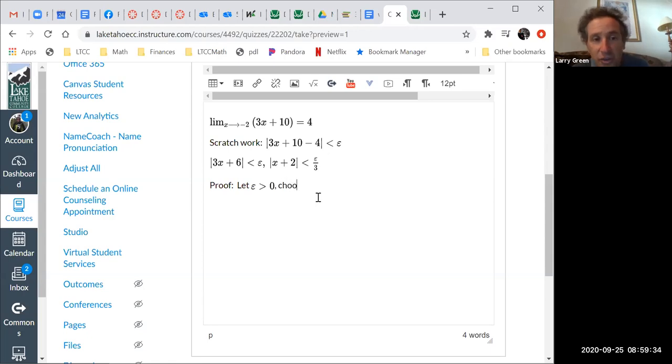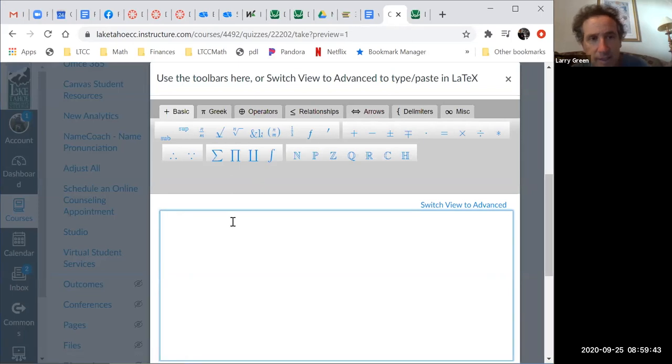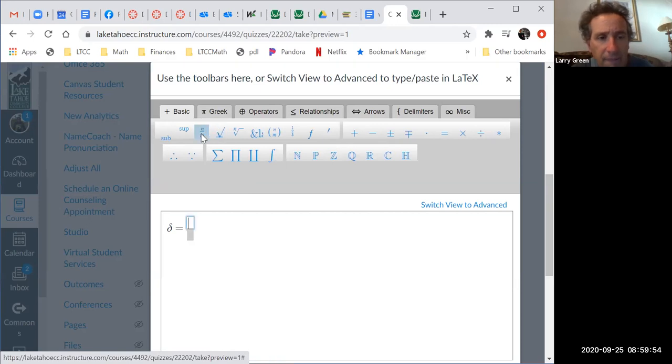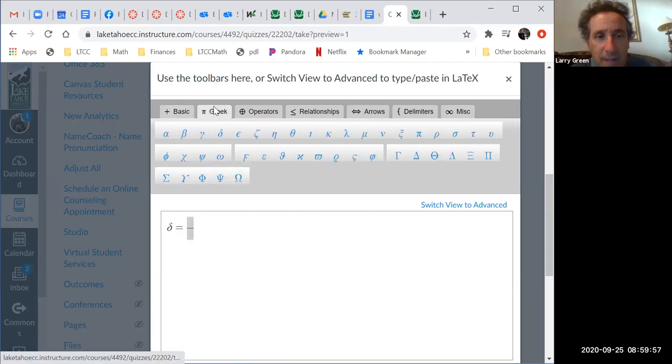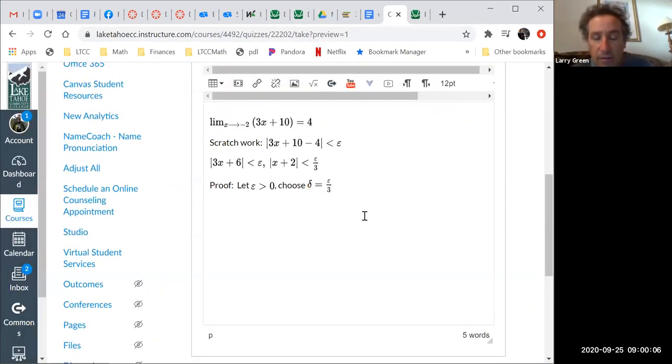Then choose delta equal epsilon over 3. That was the scratch work. And it always takes a moment to type it out. Any questions on that so far?